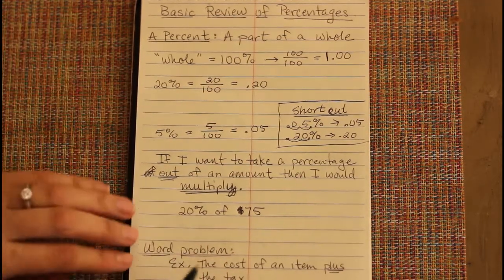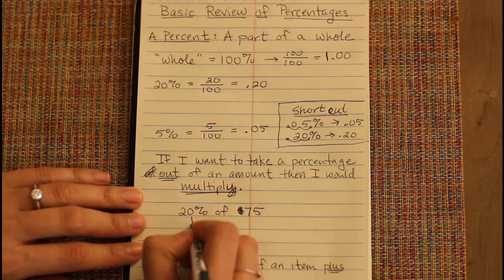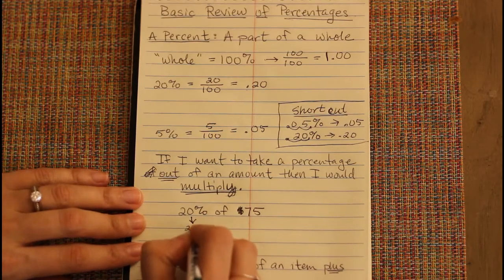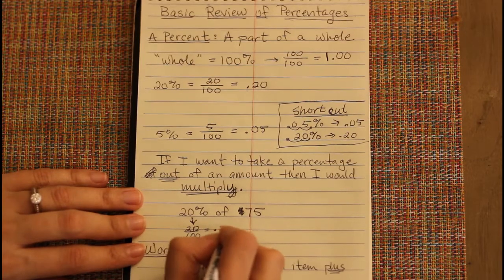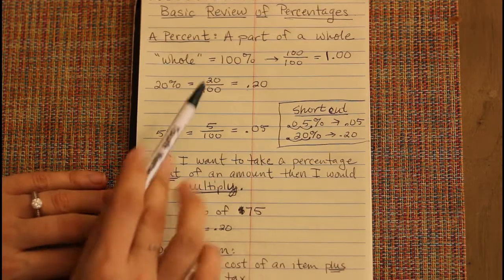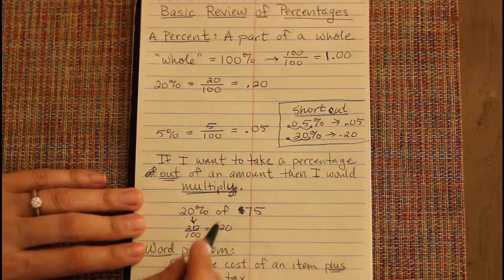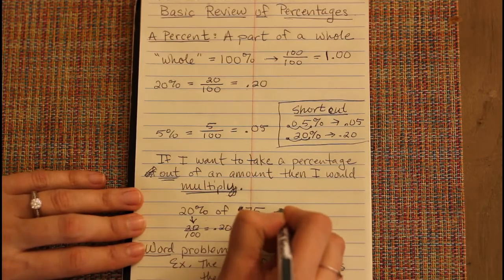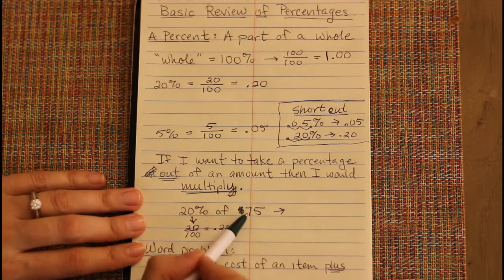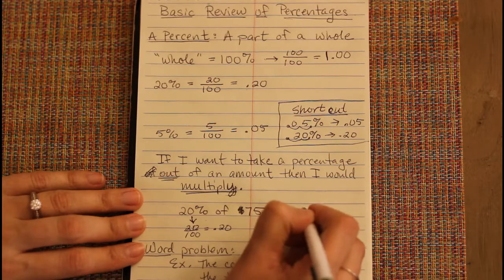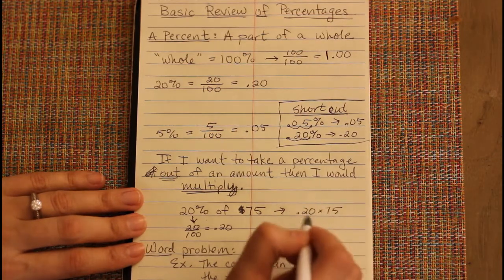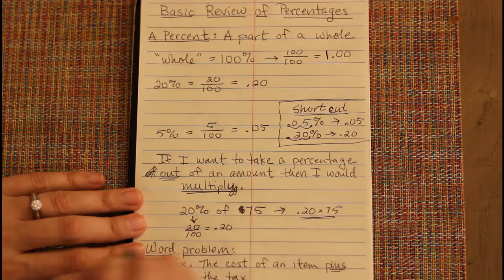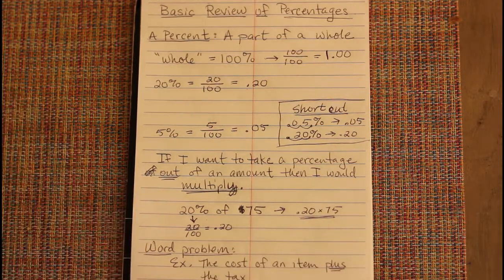I can't put 20% just like that. So very quickly I can do 20 over 100, and that's going to give me 0.20. We already found that above. So how we find 20% out of 75 is we're going to do 0.20 times 75. And that's how we're going to take a percentage from an amount.